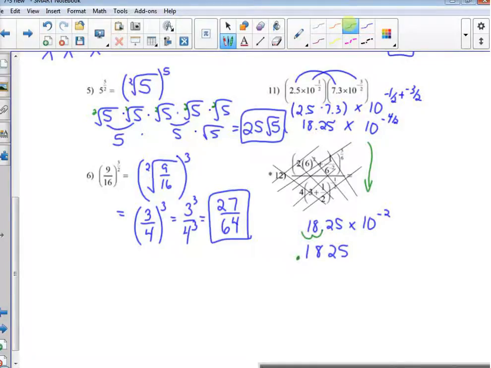So it becomes 0.1825. So that's an answer for that one. Or if you put that back in scientific notation, it's 1.825 times 10 to the negative 1.